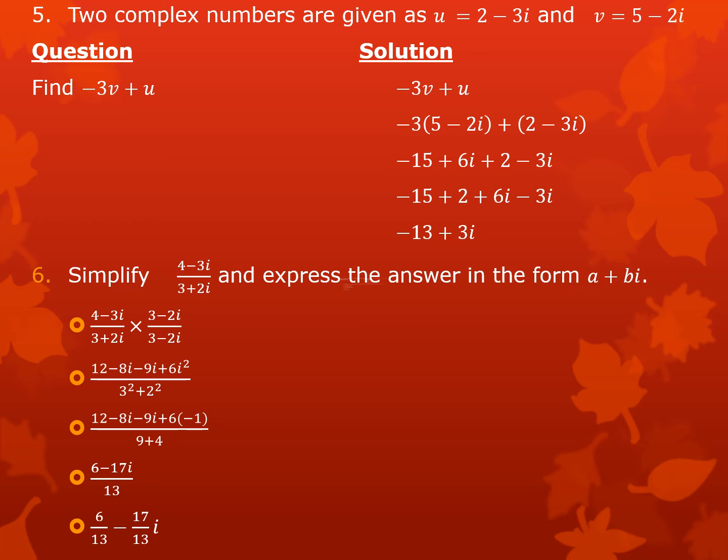Now in the next step, we get 12 minus 6, which is 6. Negative 8i minus 9i is negative 17i over 13. Now we have to separate the fractions and write down the answer in the form a plus bi. So that is 6 upon 13 minus 17 upon 13i.